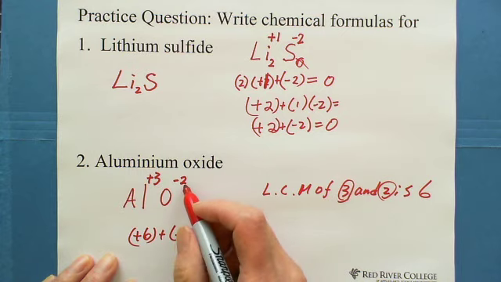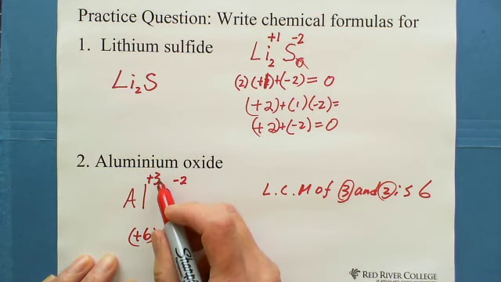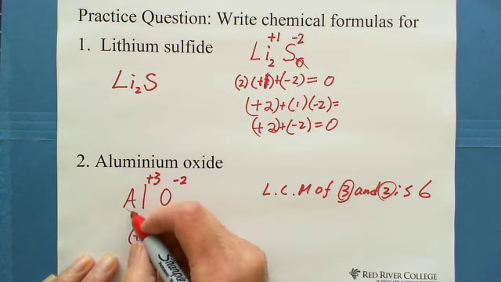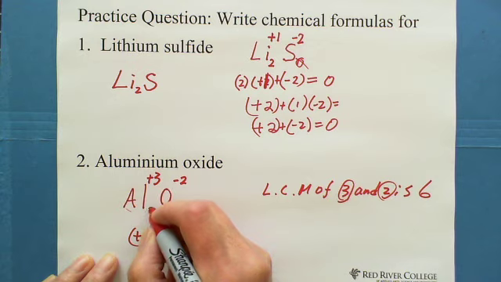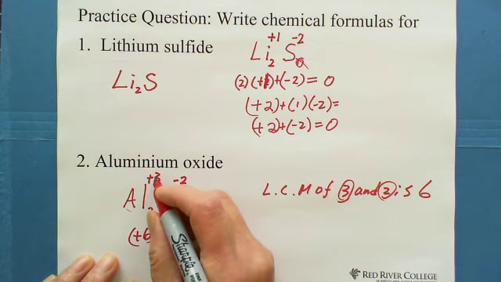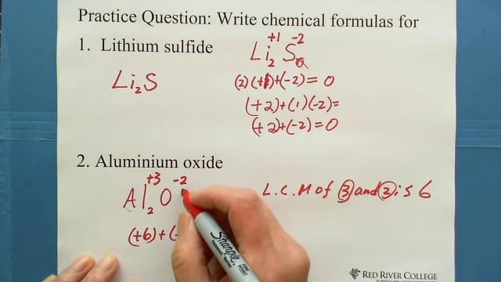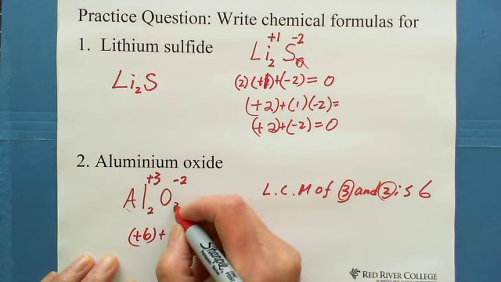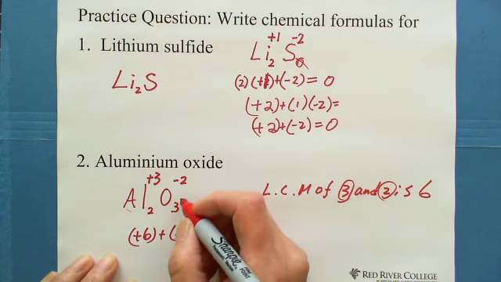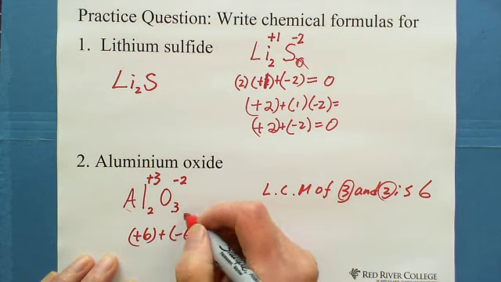How to make positive 6? Each aluminum ion is 3 positive, so you need 2 aluminum ions to make positive 6. And each oxygen is negative 2 charge, so you need 3 oxygen ions to make negative 6.